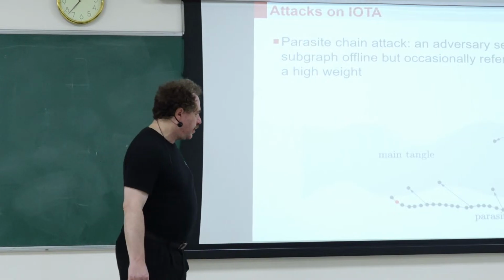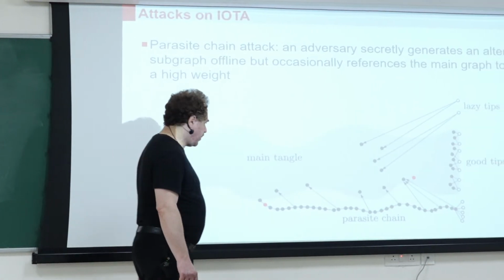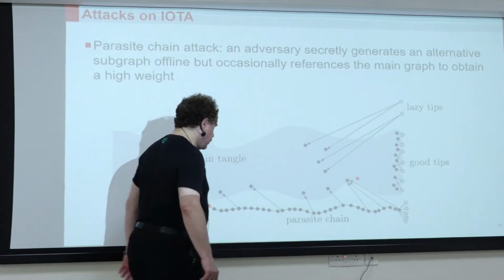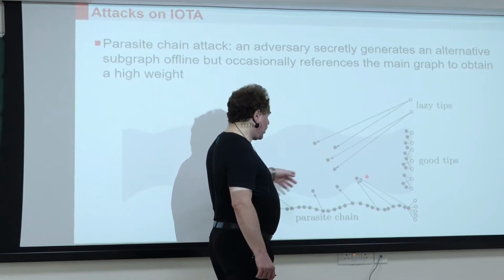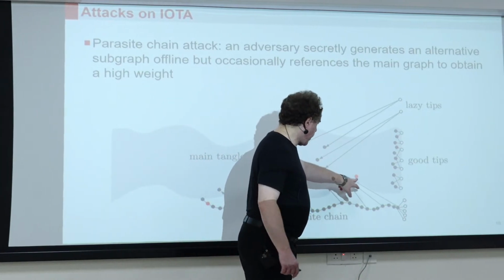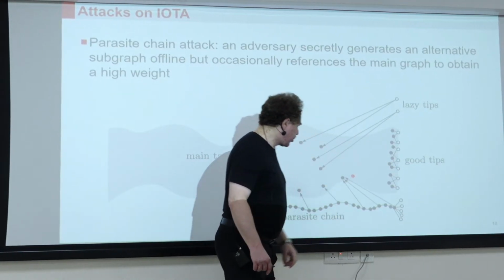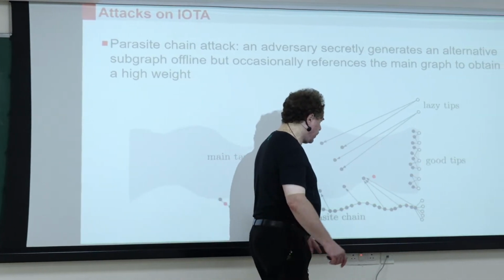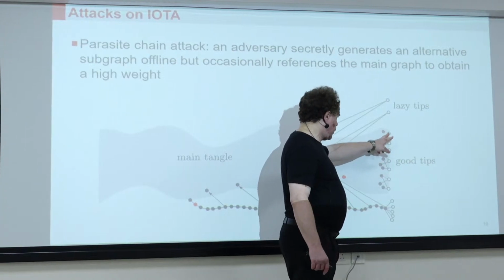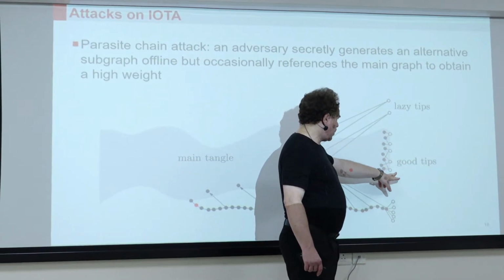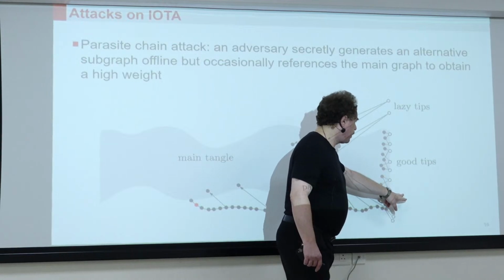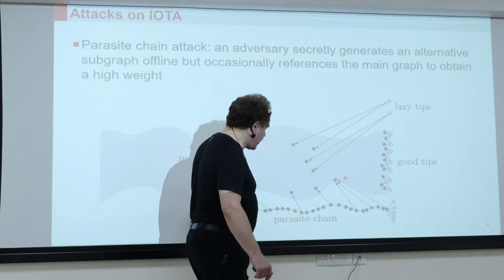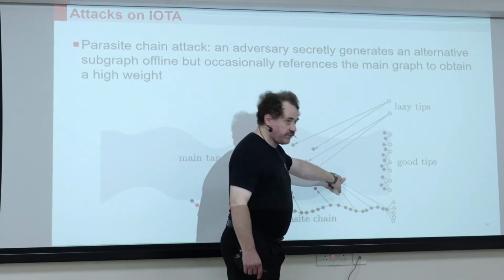What's the idea? The idea is that because there is so much weight in the parasite chain, it will likely be confirmed, while this transaction is just a new transaction, so it's likely that newly appended bundles or transactions would approve the parasite chain and not this one.